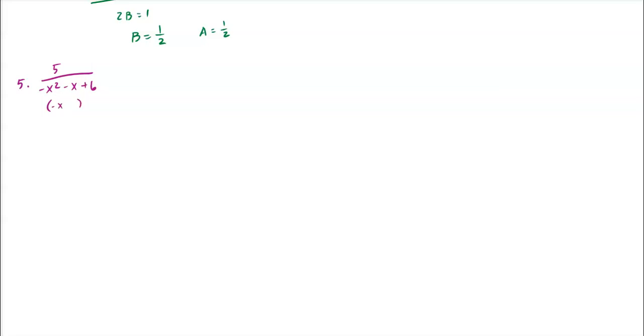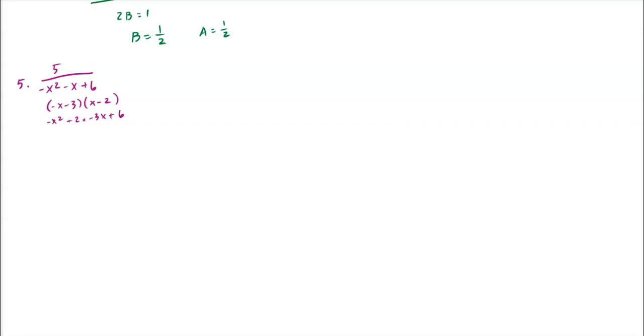Negative x and then x. It's going to be a negative and a negative. And then 3 here and 2 here. Is that right? Negative x squared, positive 2x, minus 3x, positive 6. Is that right?